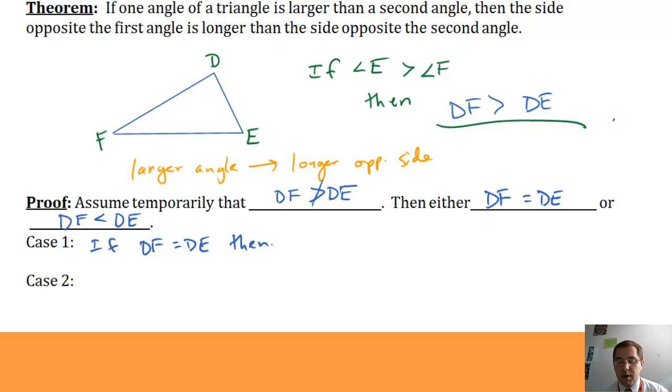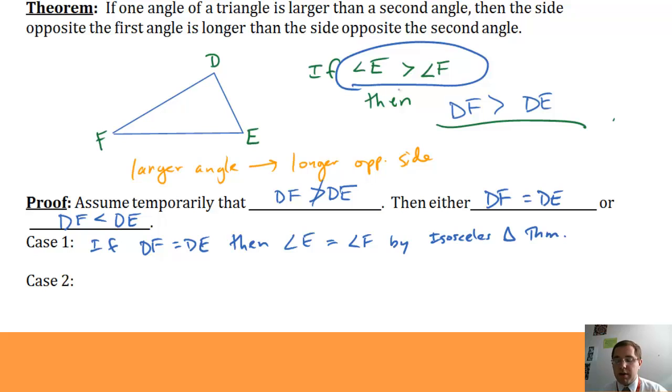So then angle E would have to equal angle F by the isosceles triangle theorem. Now that's a problem. We said angle E was greater than angle F, and we just concluded that angle E was equal to angle F. So that's a contradiction. That's good. That's what we want in an indirect proof.